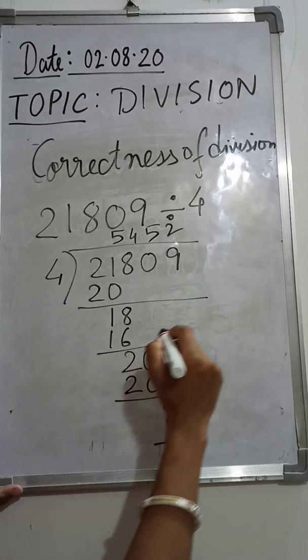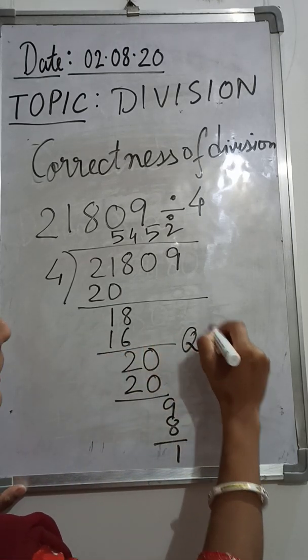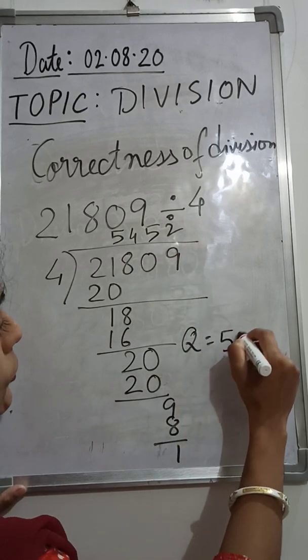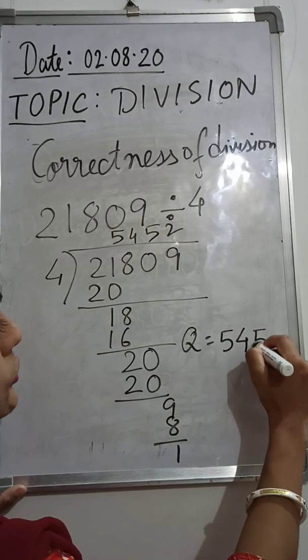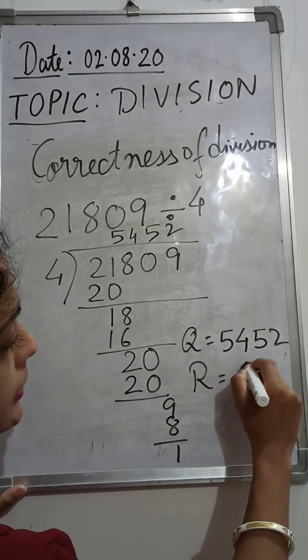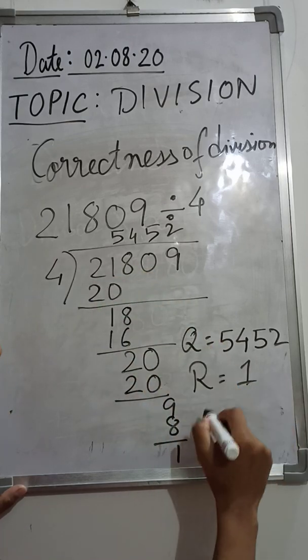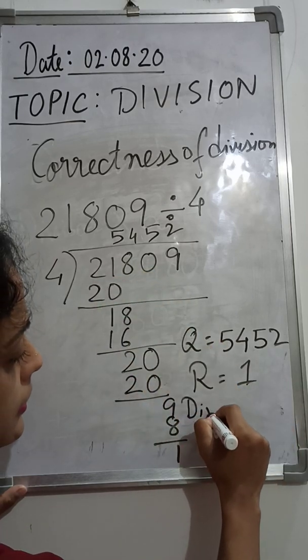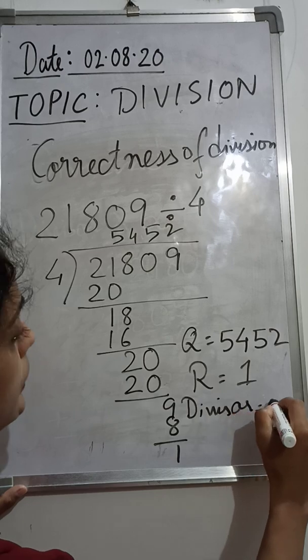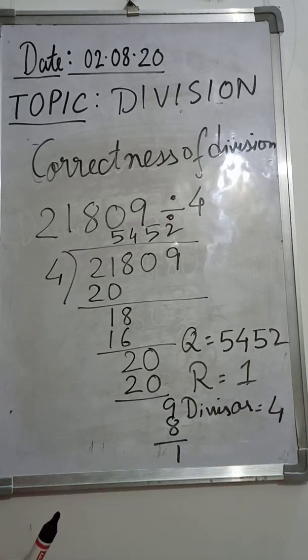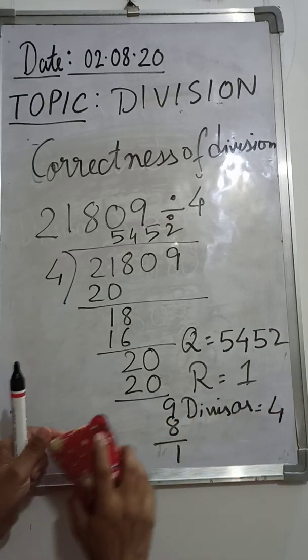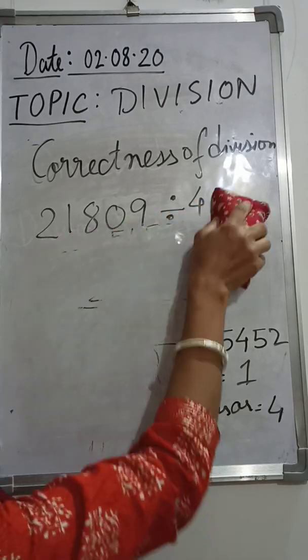So what is my quotient now? Your quotient is the answer that you got, 5452. And what is the remainder? Your remainder is 1. What is your divisor? Your divisor is 4. And what is your dividend? So let me erase the division part.